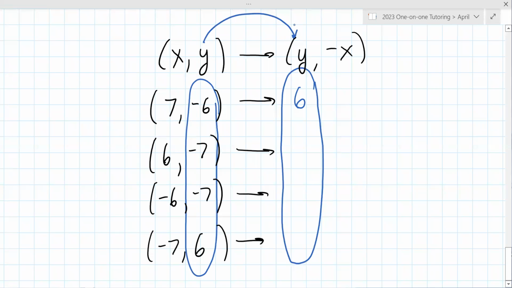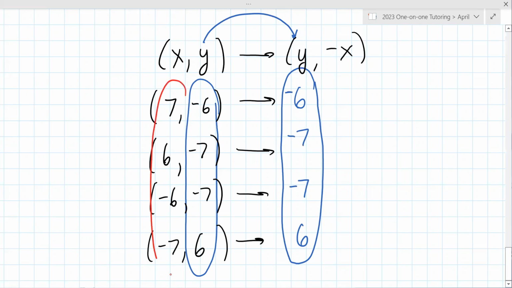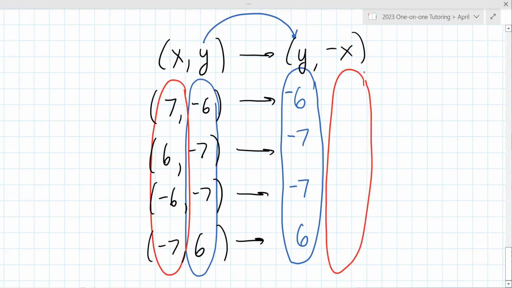Oh, wait, yeah, okay, -7. -6, -7. -7, and -6. 6, just normal 6. So yeah, okay. And now this red over here goes to the second position, but it's negated. Do you see that? You're going to negate it.